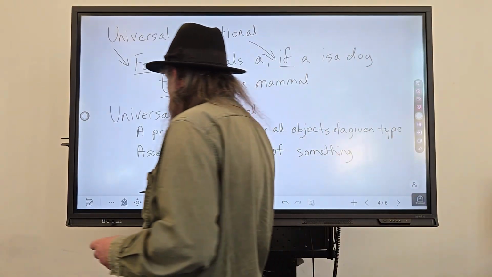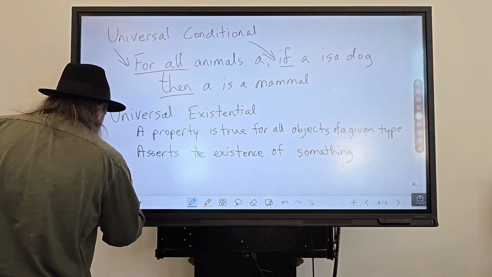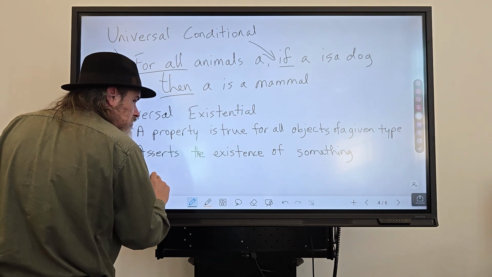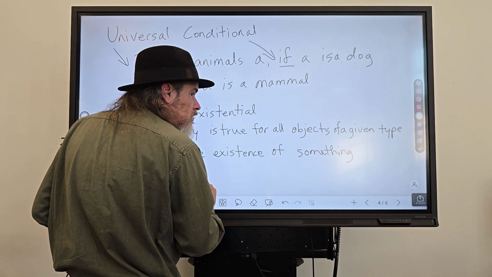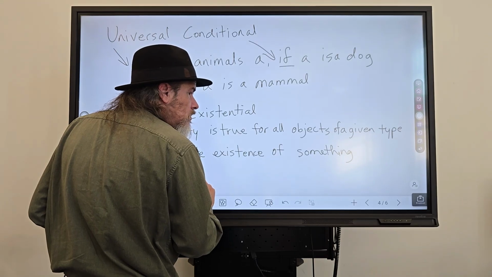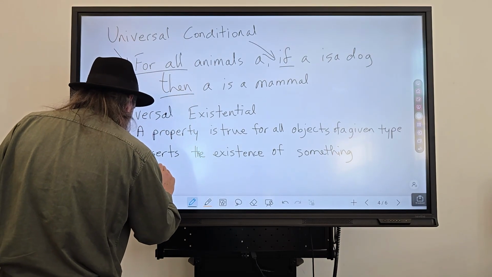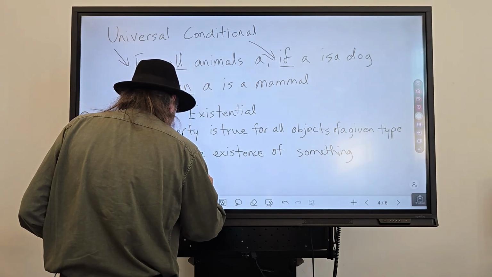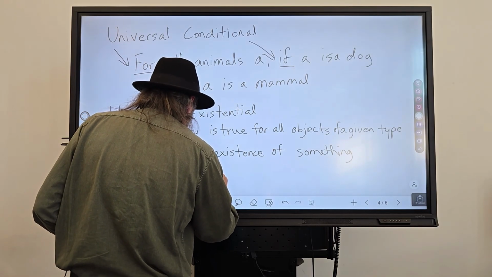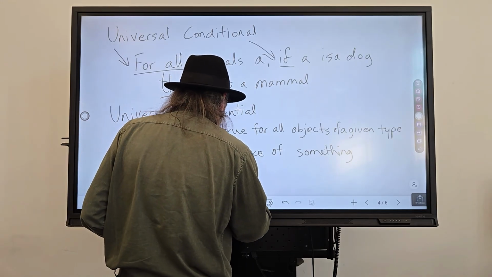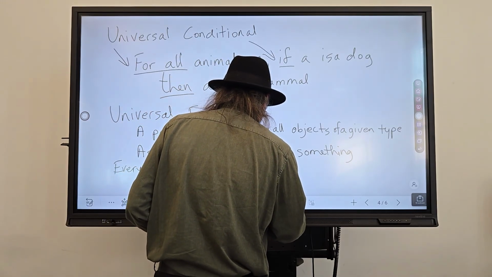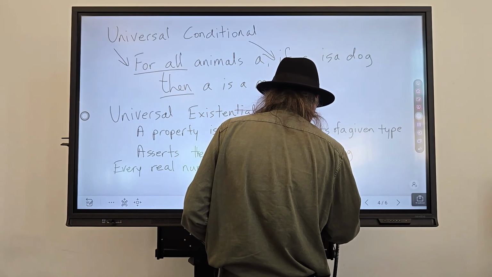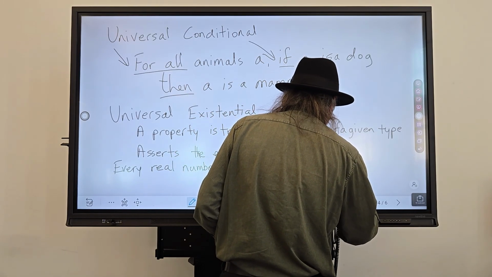Every real number, qualify that. Real number has an additive inverse.